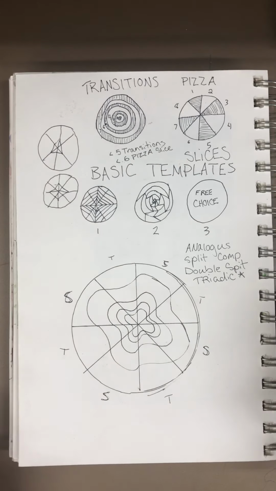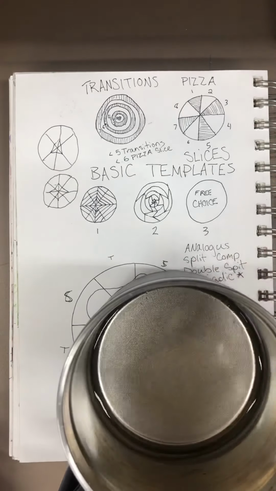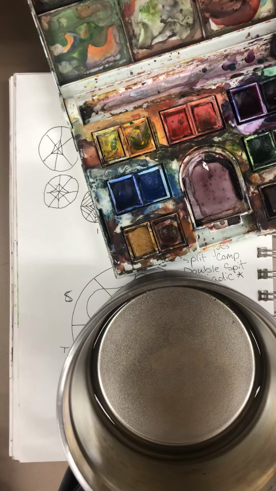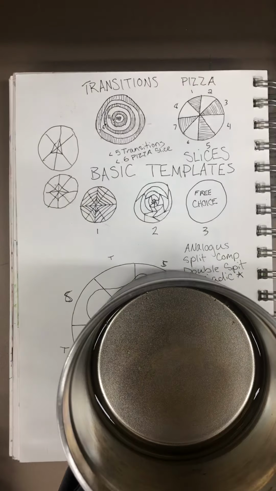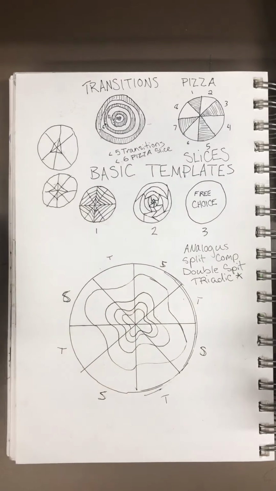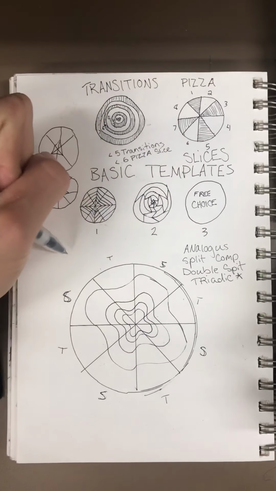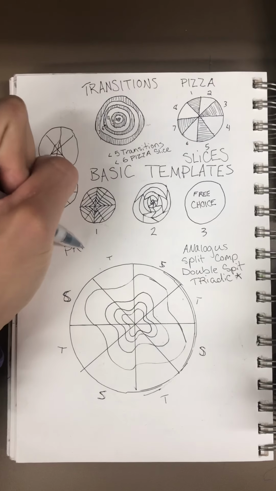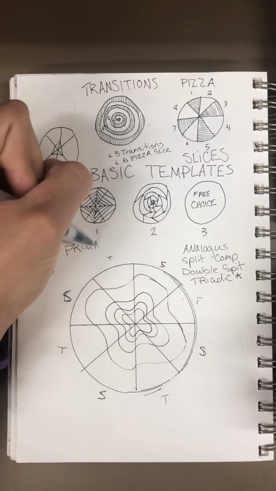What you'll need today is water and your watercolors. I'm using a different set from you, but don't worry, that's okay. So I'm using my primary colors. I want to choose my primary colors. And like I'm doing here, I'm writing down everything I'm going to do on my final.